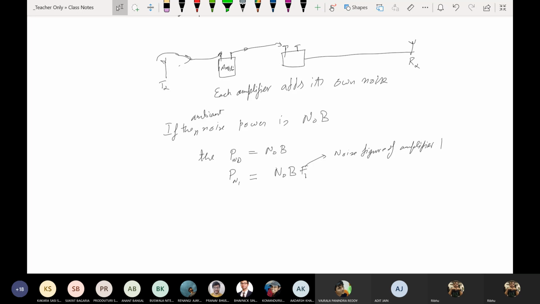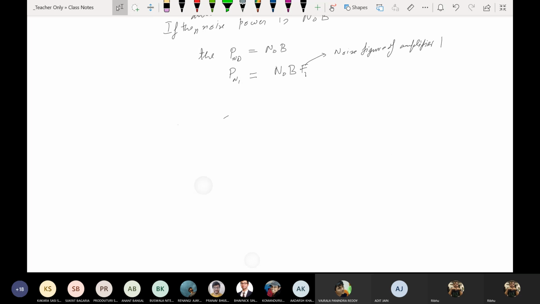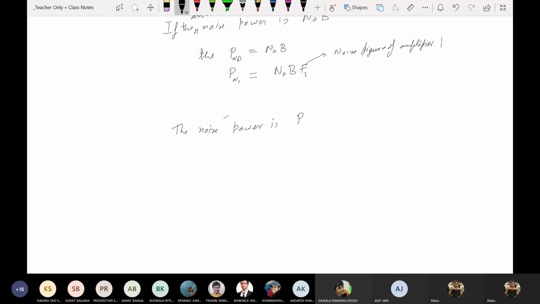So if we transmit PT, consider a simple system. The noise power is the ambient.